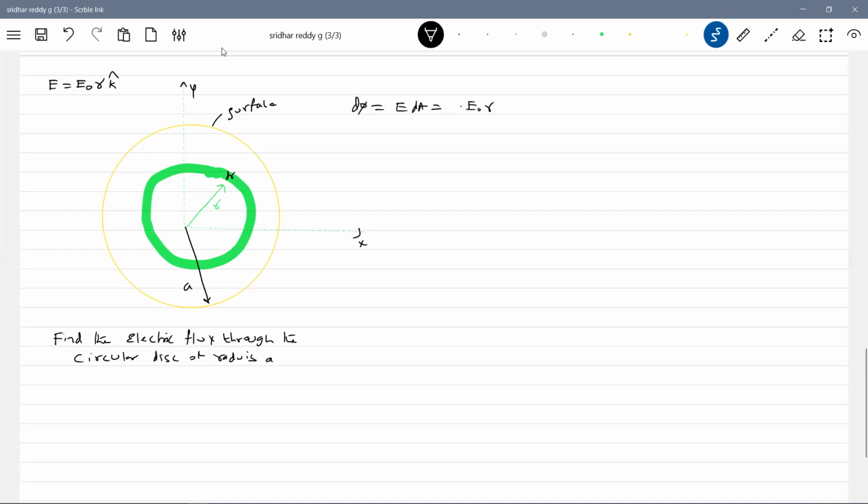E naught R. What is dA? 2 pi R dr. So which is equal to 2 pi E naught R square dr. Now what should be the radius? 0 to A. So this will become 2 pi E naught A cube by 3. Okay, this much of flux will link that circular surface.